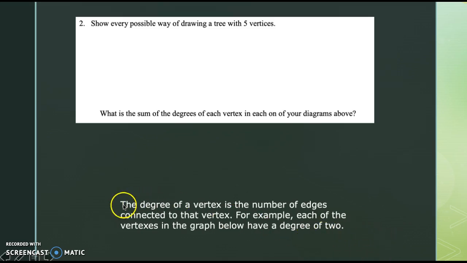And if you're wondering what a vertex is, or vertices, those are the points from the previous screen. So you need to create 5 points and connect them so that it does follow the rules of a tree graph.